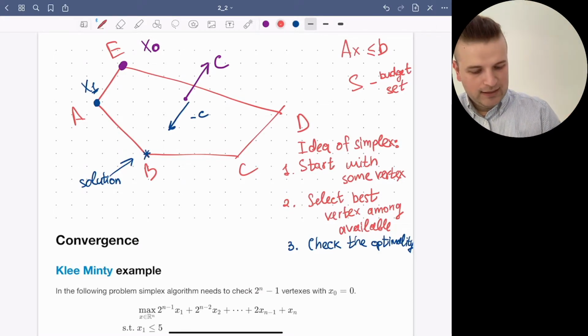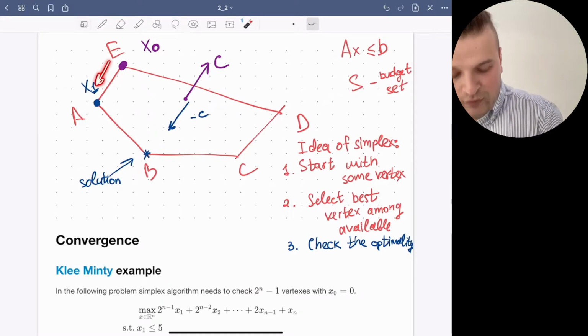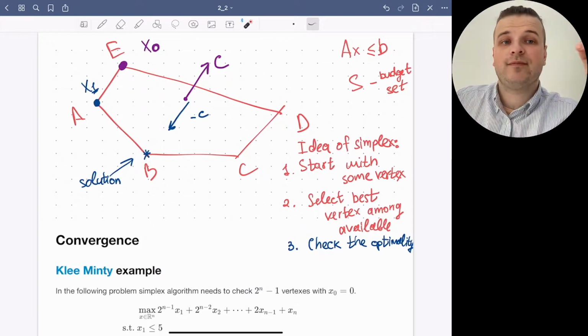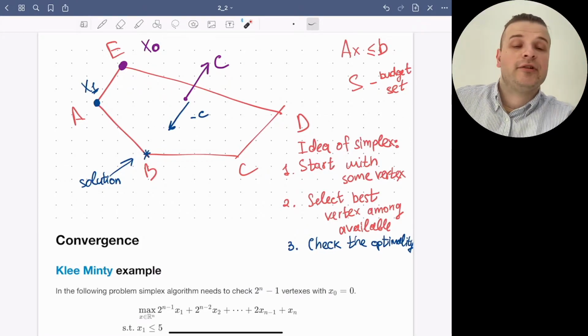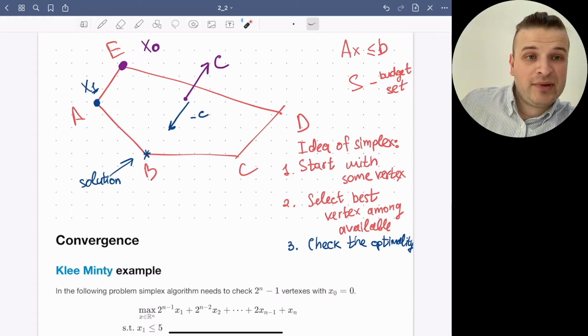Okay, that's it. That's the simplex idea. Start with some vertex, iterate until you converge, and you have the rule to check the optimality.